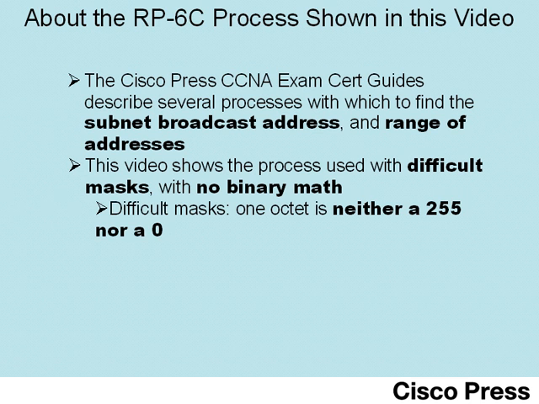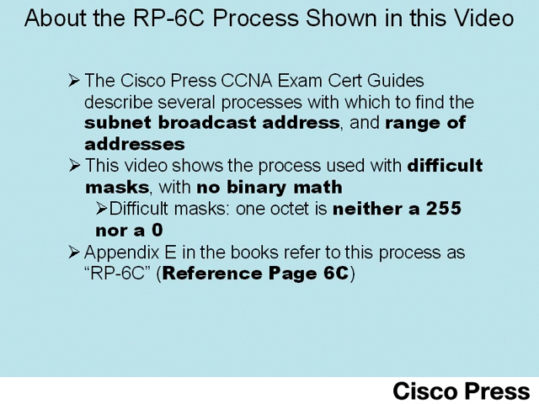A difficult mask simply means that the mask has one octet that's neither a 255 nor a 0, which makes the answers a little bit less intuitive. The books refer to this particular process as reference page 6C or RP6C, and that's just to be able to have a name for the process as compared with other ones that do use binary math or use a simpler mask or a process that finds the answer to a different question.